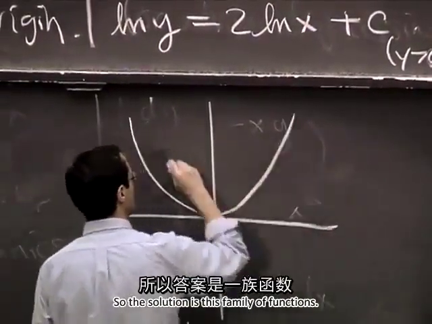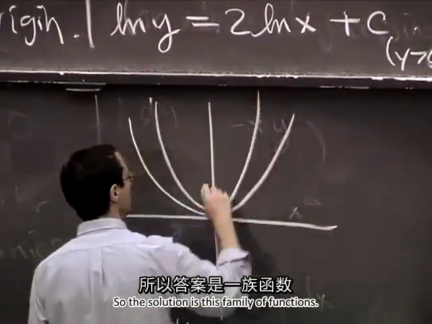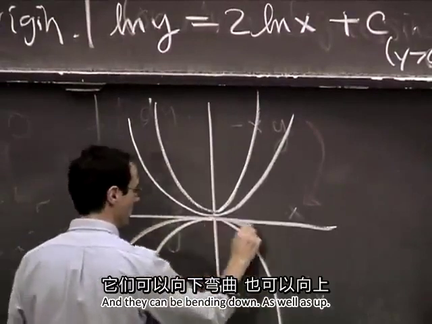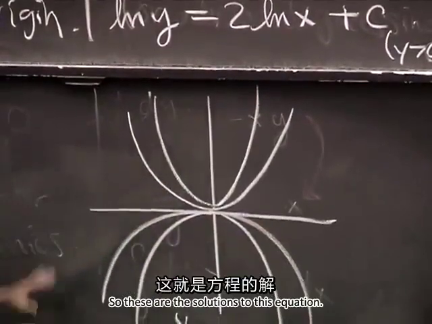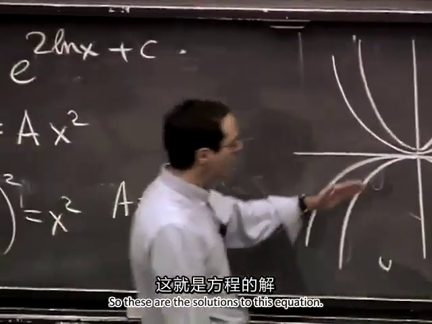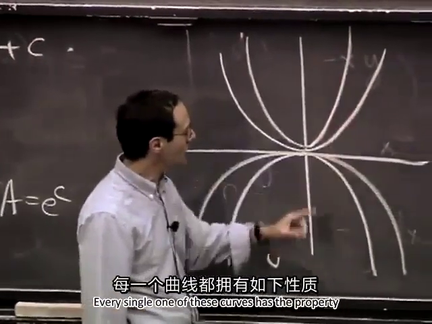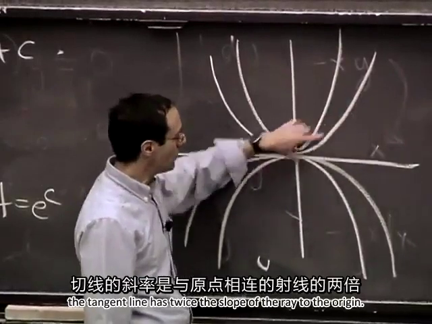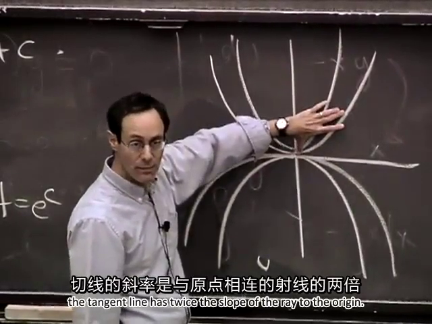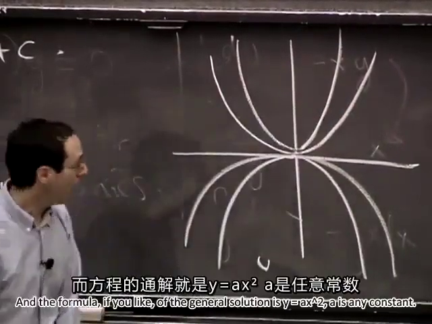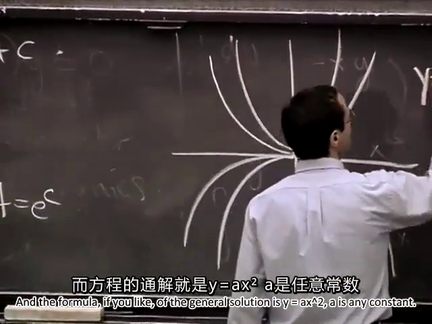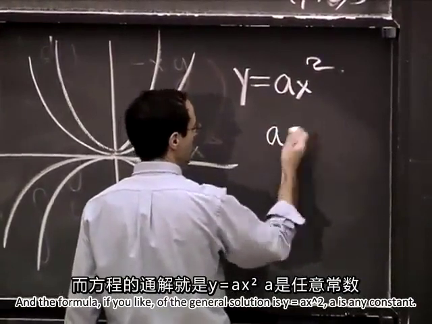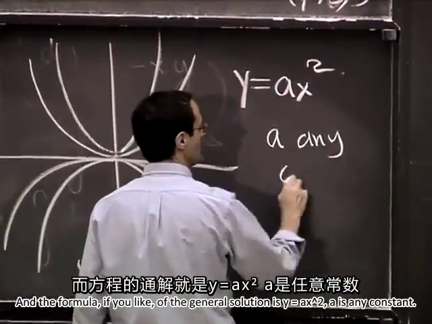So the solution is this family of functions, and they can be bending down as well as up. These are the solutions to this equation. Every single one of these curves has the property that if you pick a point on it, the tangent line has twice the slope of the ray to the origin. And the formula of the general solution is y equals ax squared, where A is any constant.